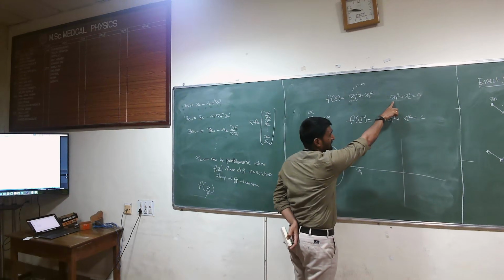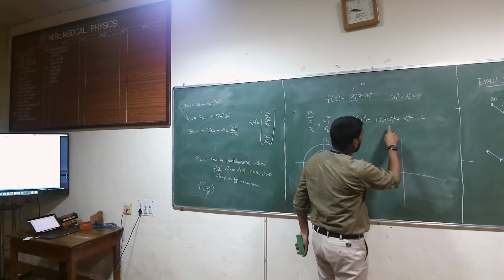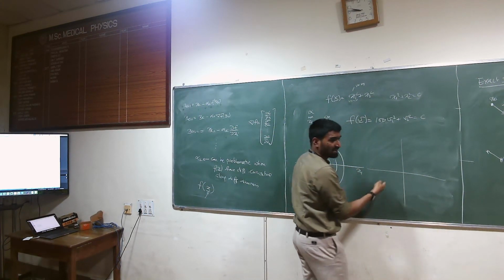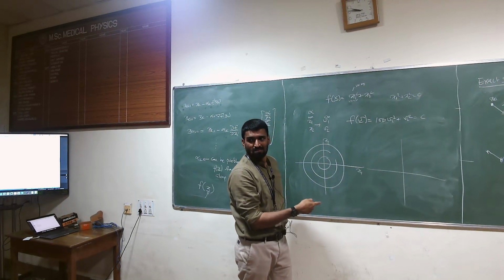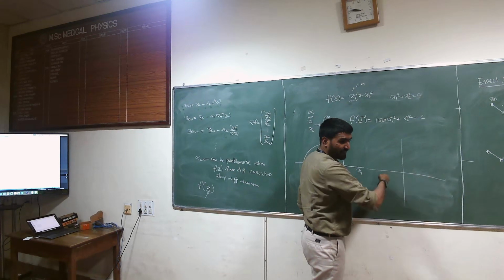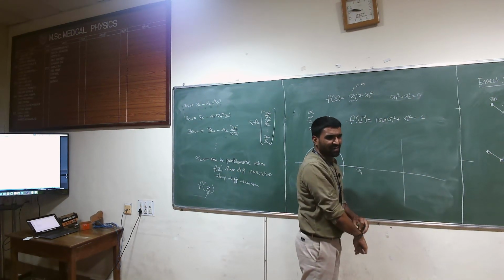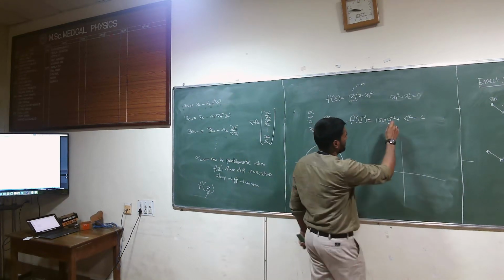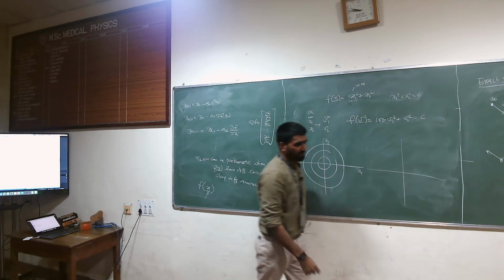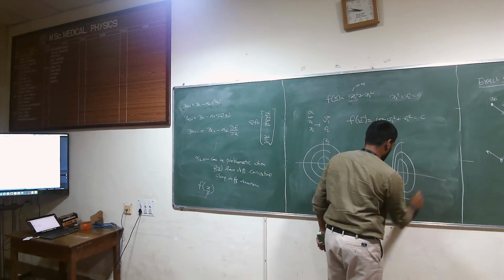What is this? This is an equation of a circle. And for the new function, what is this? The equation of an ellipse, right? What will the ellipse look like in this case? Flat or vertical? It will be flat, you can verify.